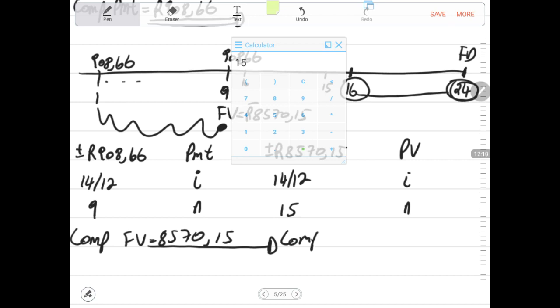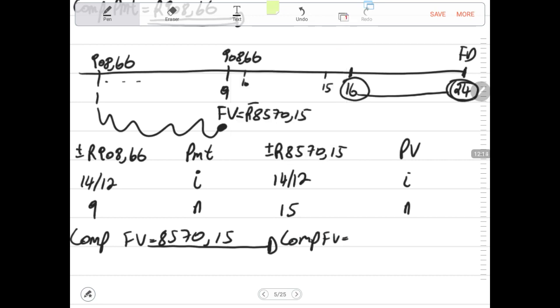Then what are we computing? We want to know the future value, as this amount will remain in the account for 15 months, earning interest and compounded every month. So we don't forget second function, alpha 00.